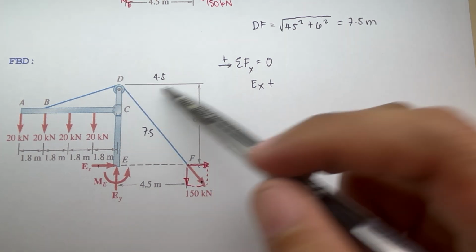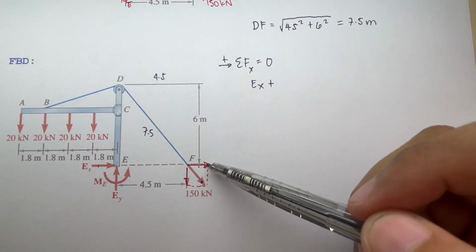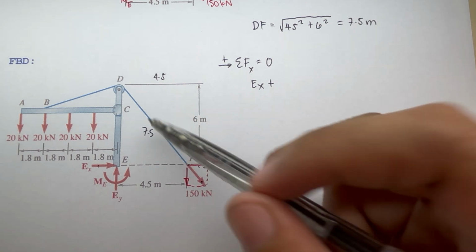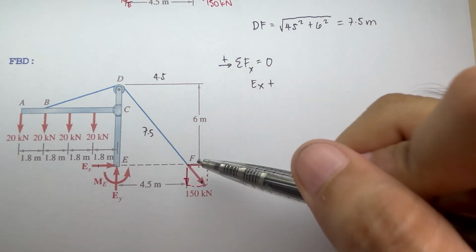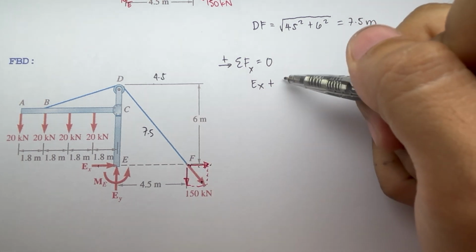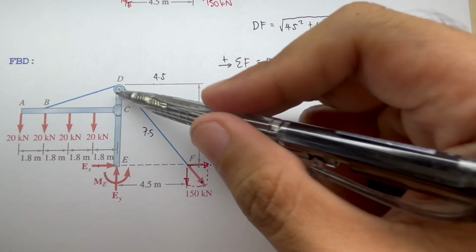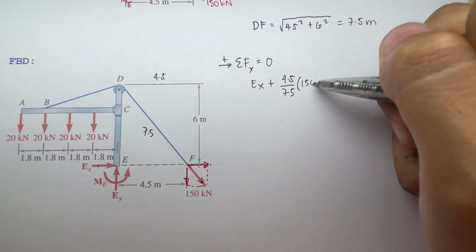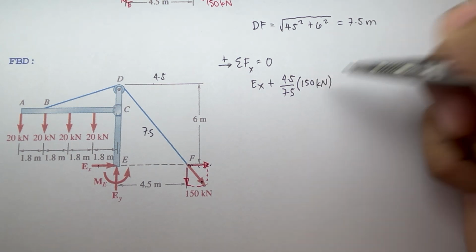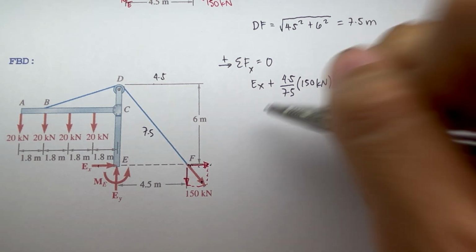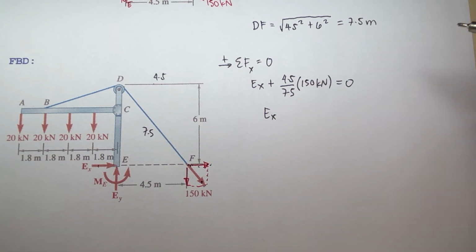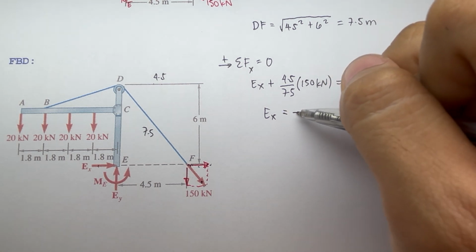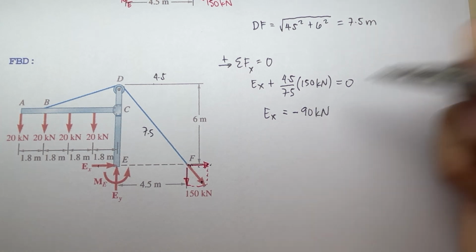Basing on our right triangle, since this is horizontal, we have 4.5 over our hypotenuse 7.5 multiplied by our force 150 kilonewtons, equal to 0. Solving this in our calculator, we have EX equal to negative 90 kilonewtons.